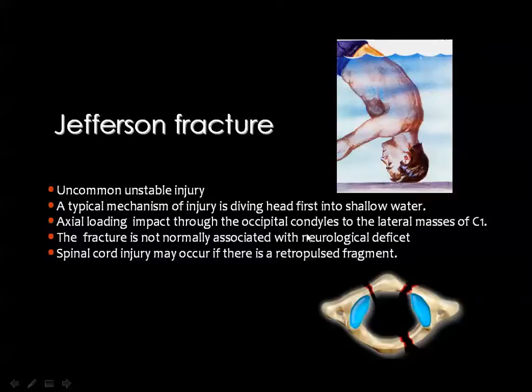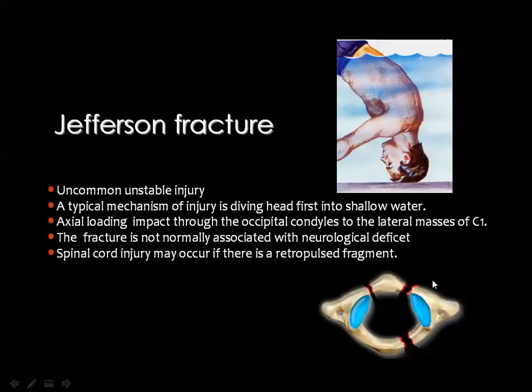This fracture results from axial loading impact through the occipital condyles to the lateral masses of C1, and one of the best examples of a common cause of this fracture is diving in shallow water. The fracture is not normally associated with neurological deficits, and spinal cord injury may occur if there are retropulsed bone fragments inside the spinal canal.